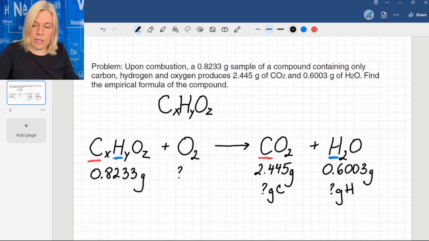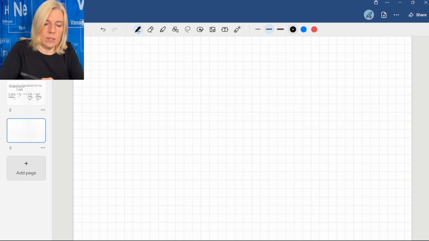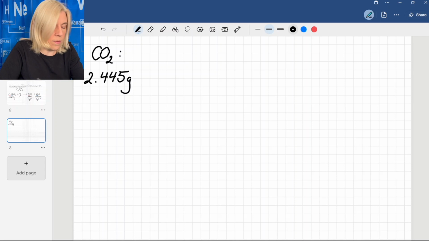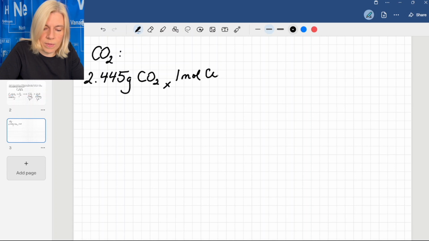So let's deal with carbon dioxide first. Okay, I have 2.445 grams of carbon dioxide. I'm going to change it to moles. 1 mole of carbon dioxide is, well, I'm going to use 4 sig figs, 44.01 grams of carbon dioxide.